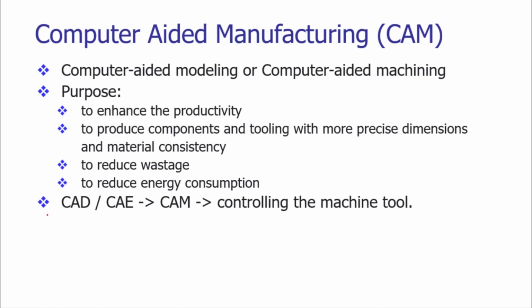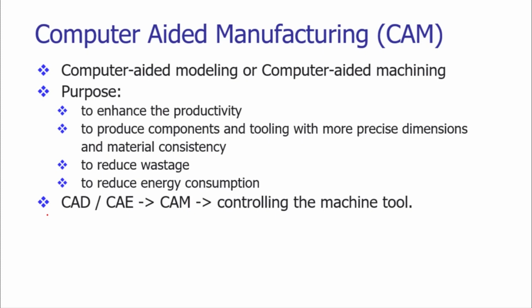CAE, that is computer aided engineering, is analyzing the part geometry, applying the forces, applying the boundary conditions, applying engineering principles and trying to get the required outcome from that CAD drawing: whether it is feasible to produce these kinds of products using the existing facility or not, whether this product will sustain in the market, whether the product will carry out its designated or desired operation. That would be carried out by the CAE.